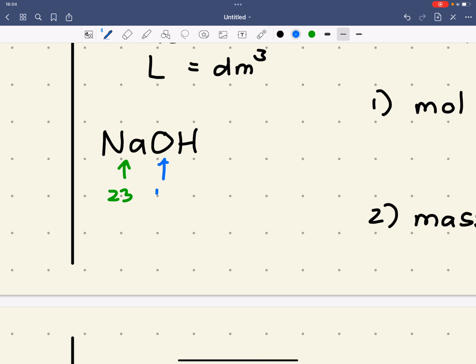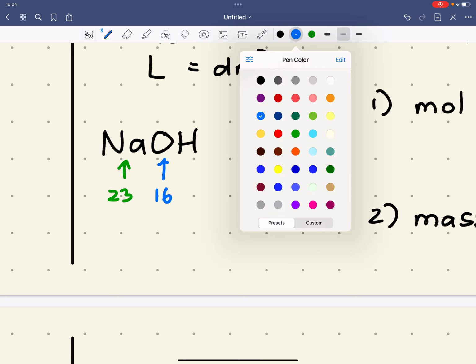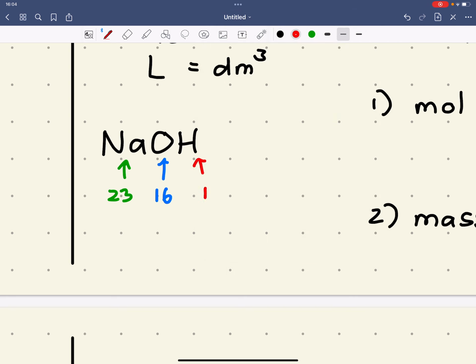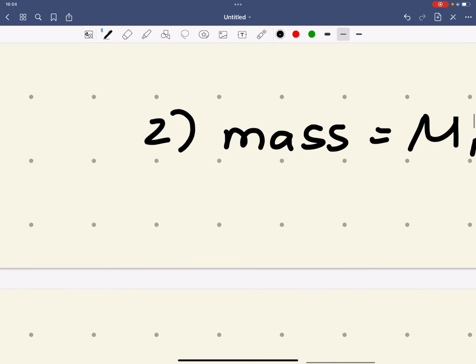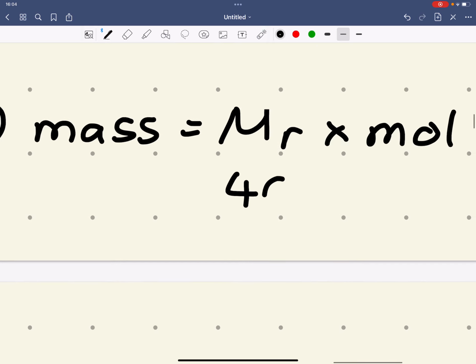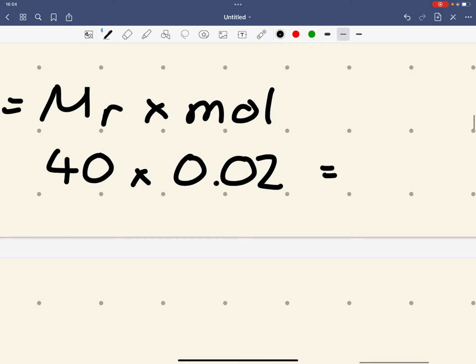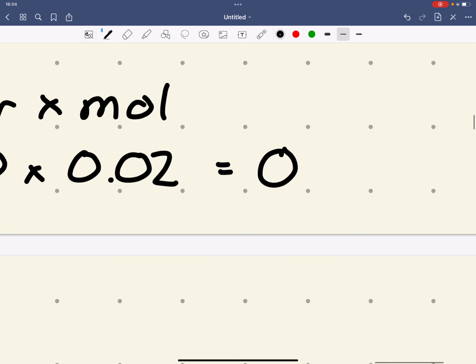This is 16. And this is equal to 1. So if we add them up, 1 sodium, 1 oxygen, 1 hydrogen, we get 40 for the Mr times 0.02. And that there gives me the answer of 0.8 grams, which was answer B.